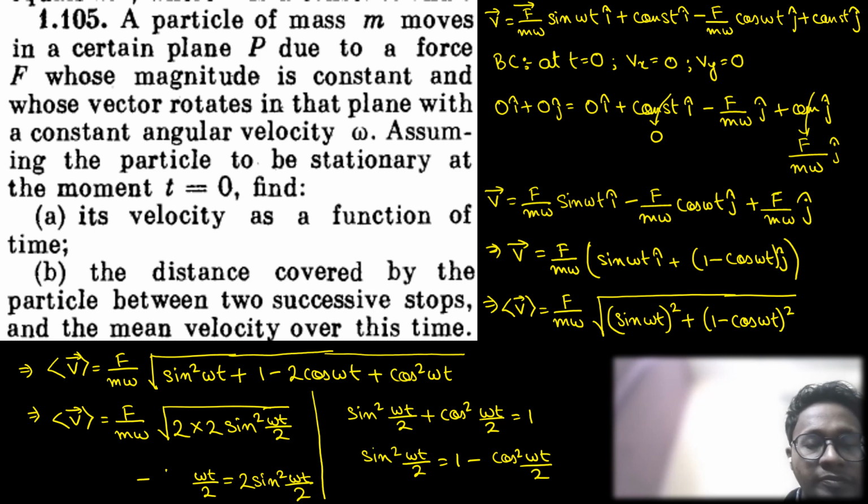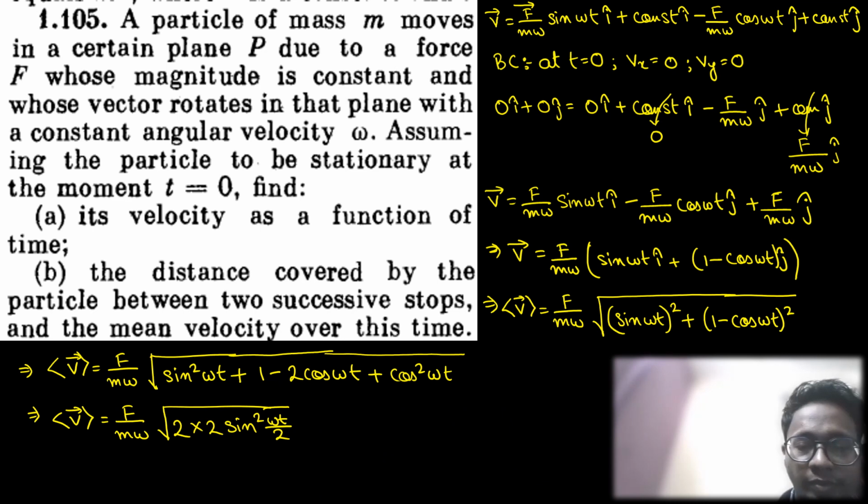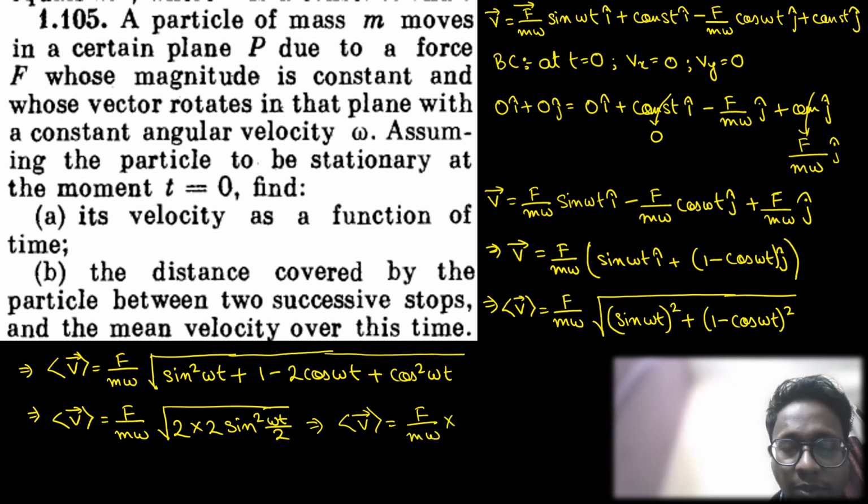Now, the magnitude of velocity is equal to f by m omega under root; if I take this under root outside, it will be 2 sine omega t by 2, so 2f by m omega sine omega t by 2.